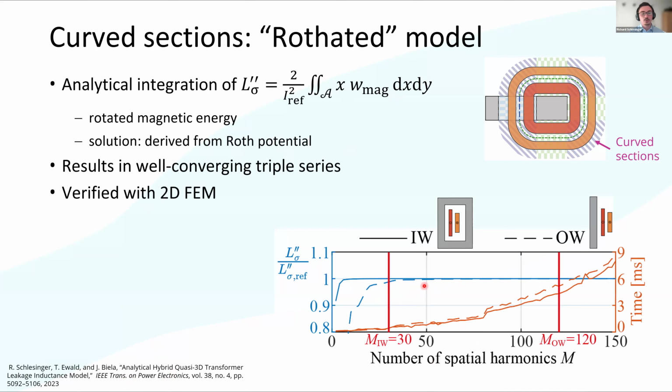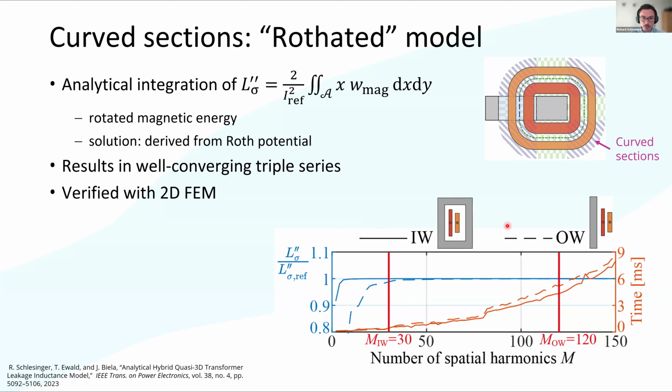And just to give you an example of one transformer to show you how it looks, here you can see the leakage inductance per unit angle over the number of spatial harmonics. The number of spatial harmonics is the number of sum terms that you have in the double series. You can see that for the inside window cross-section, where you have the solid line, the solution converges quite rapidly.